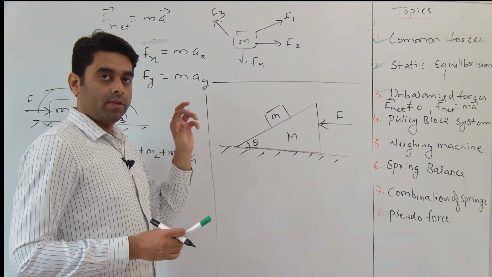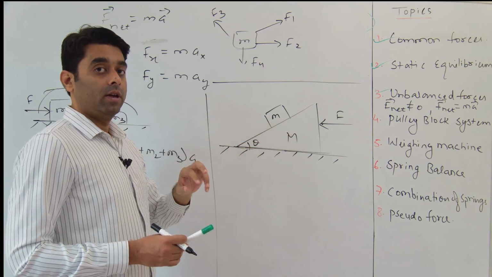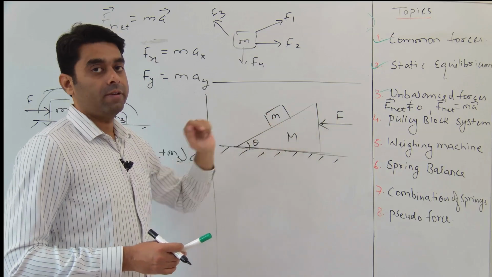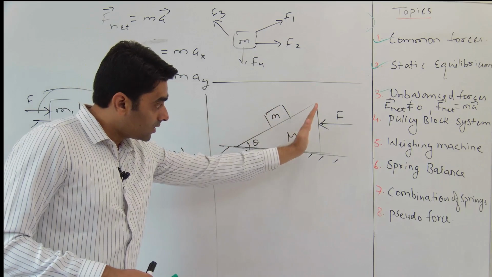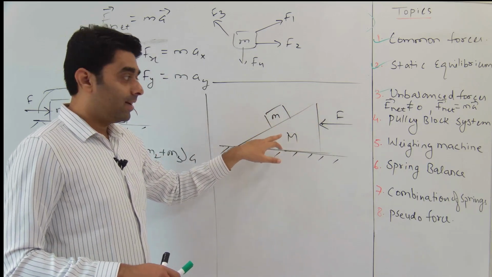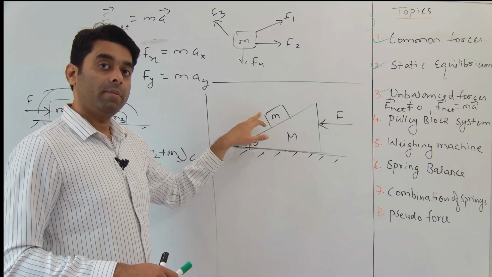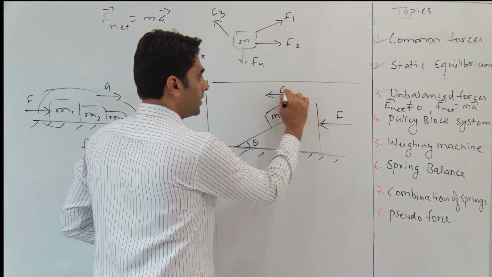So what I was saying is that a block of mass m is kept on a movable wedge of mass capital M, and a force F is acting on it. And in the question it is mentioned that the system moves together. That means small m is at rest with respect to capital M. That means both of them have the same acceleration A.